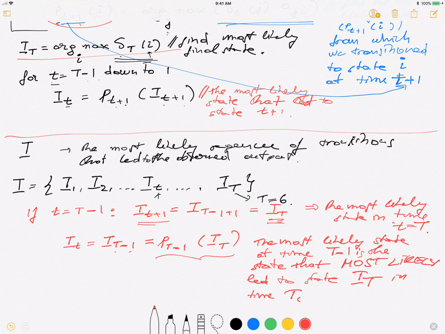This is the state which, from the state at T minus 1, led to the state at T. So basically this shows that this really works when t is equal to T minus 1. And now when t is equal to T minus 2, we calculated what? We already know it, I T minus 1.